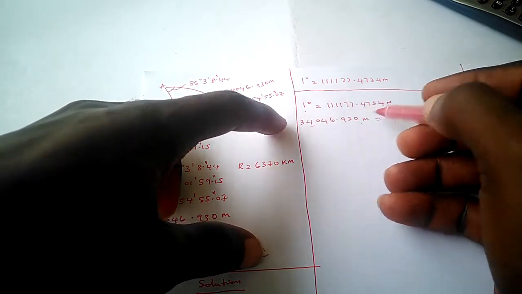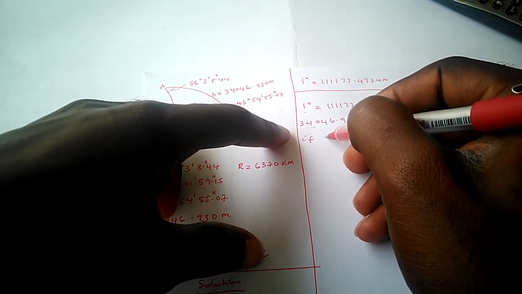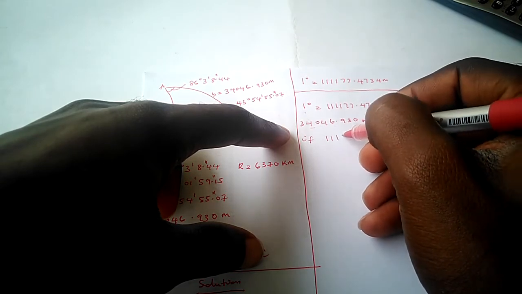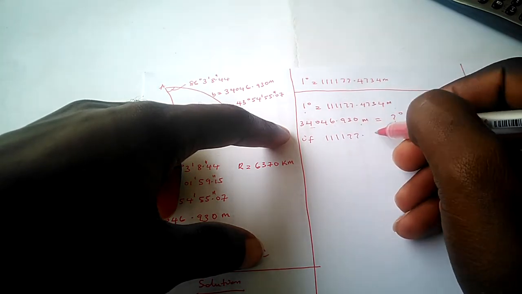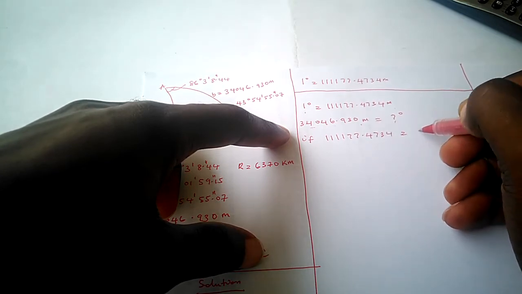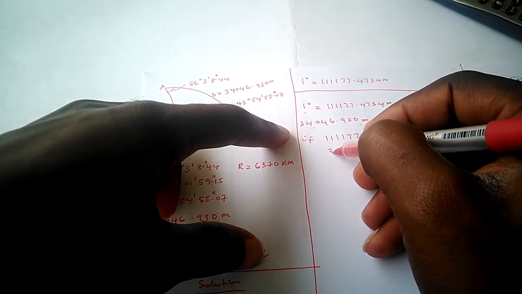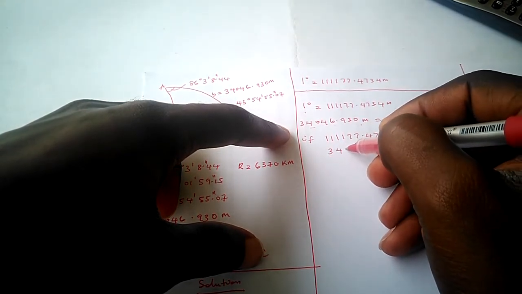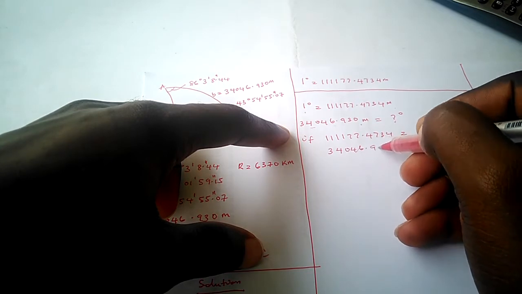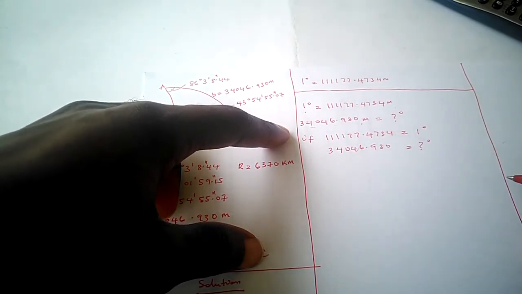So let's now rearrange. If 111,177.4734 is equal to 1 degree, then 34,046.930 will be equal to, we don't know. So this is simple mathematics. What do we do?